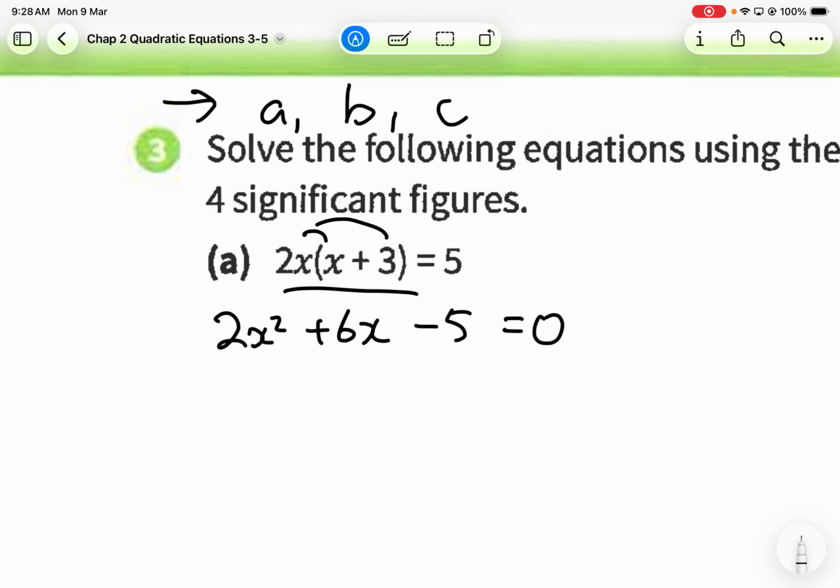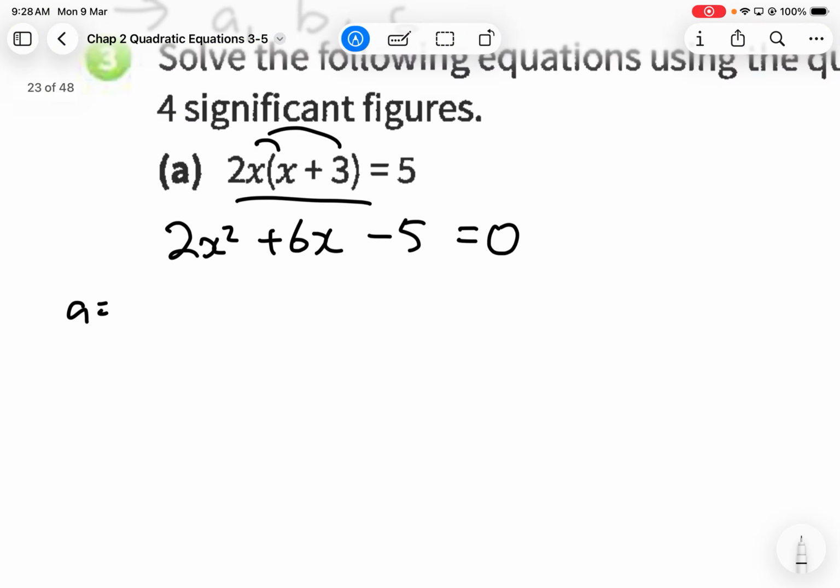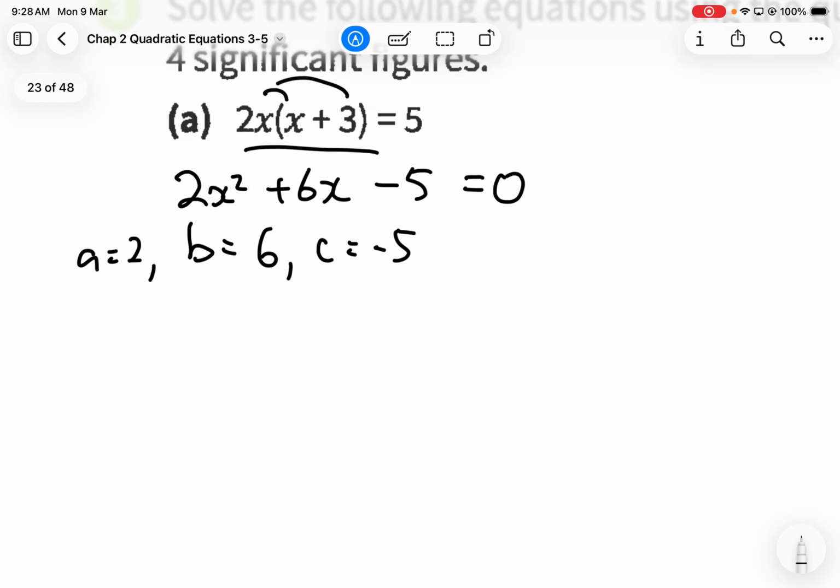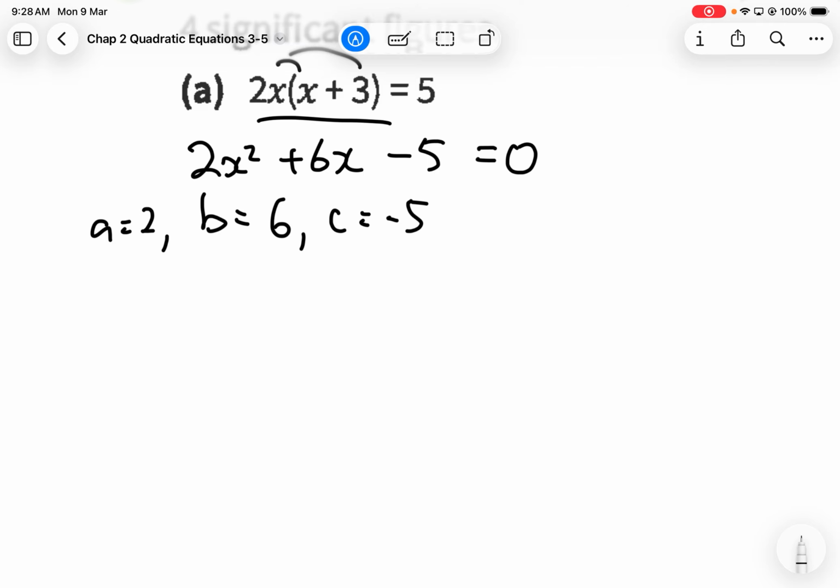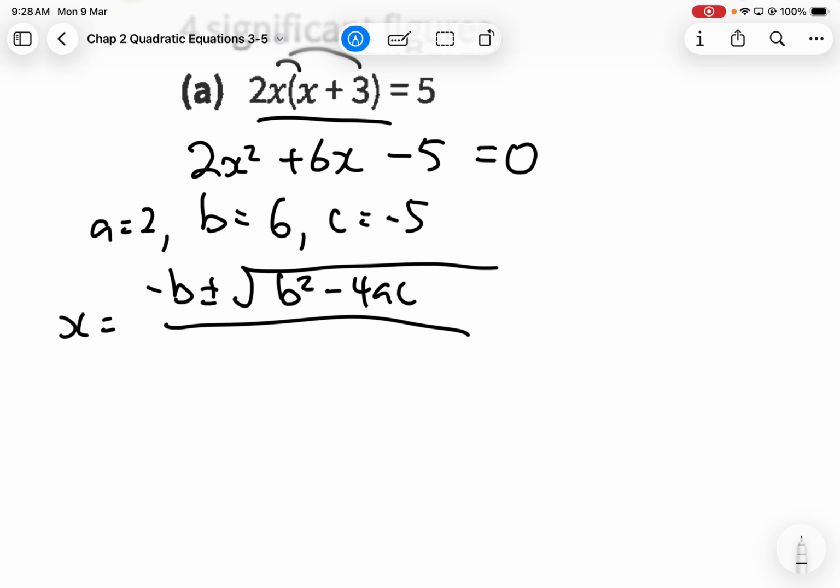Once I can arrange it in terms of x squared, followed by x, followed by number, equals to 0, I can identify my ABC. My A is 2, my B is 6, my C is -5. Once I know my ABC, I can use my quadratic formula. X equals to -b plus minus square root of b squared minus 4ac over 2a.